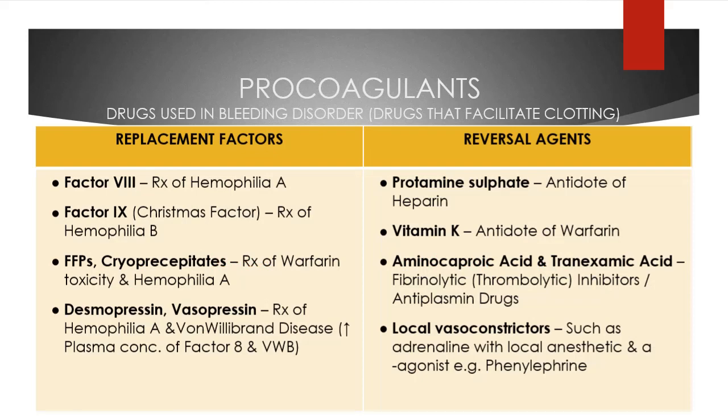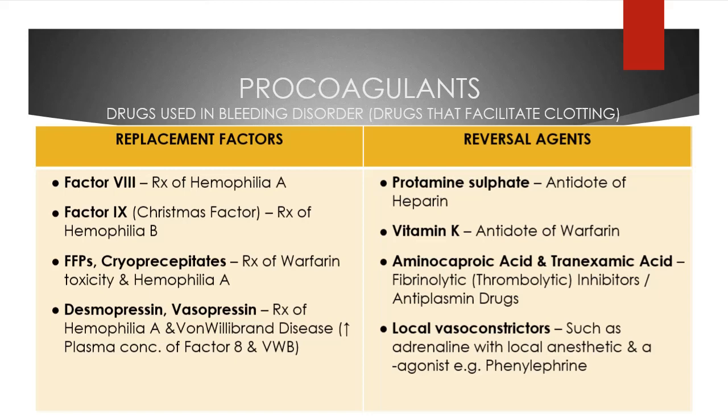Now let's discuss procoagulants, drugs which are used to facilitate clotting. Procoagulants include replacement factors and reversal agents. Replacement factors include factor VIII, which is used for the treatment of hemophilia A, factor IX, which is also known as Christmas factor and is used for the treatment of hemophilia B. FFPs that are fresh frozen plasmas and cryoprecipitates are used for the treatment of hemophilia A and warfarin toxicity.